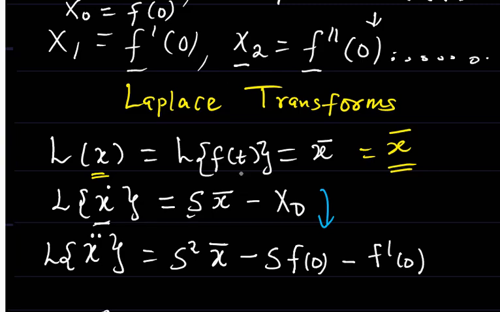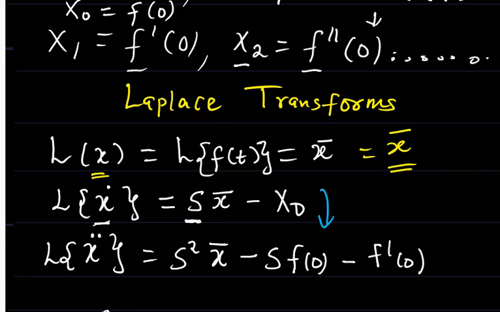If you look at the pattern that is being established, we start with the highest power of x, this x right here, which is s power 1, that shows it's the first derivative.